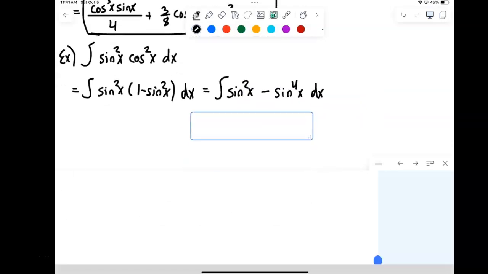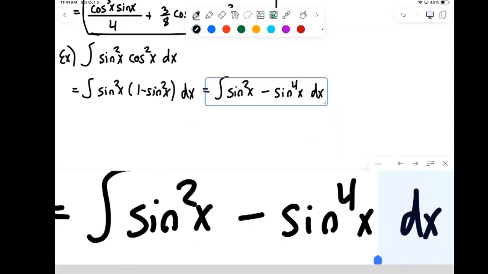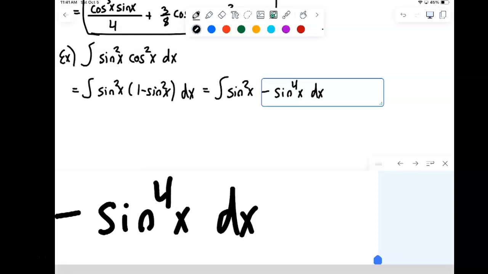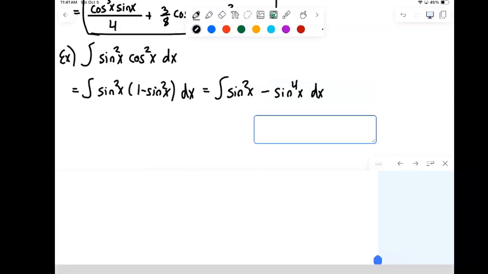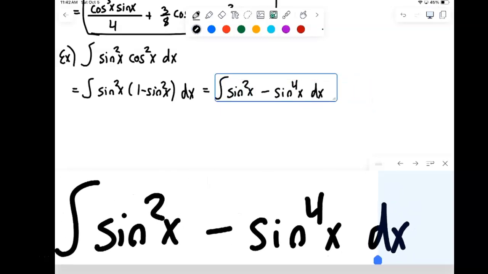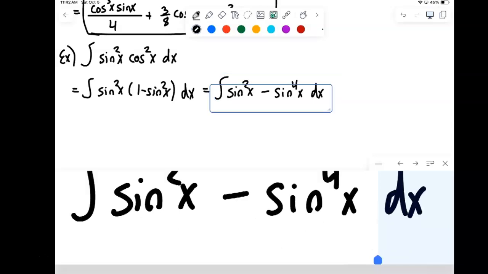And so what I'm going to do now is work out sine squared using a reduction formula, and then I'll work out sine to the fourth using a reduction formula. It's convenient because sine to the fourth will reduce down to sine squared, so I can use my previous result again. And then we'll put everything together after that.